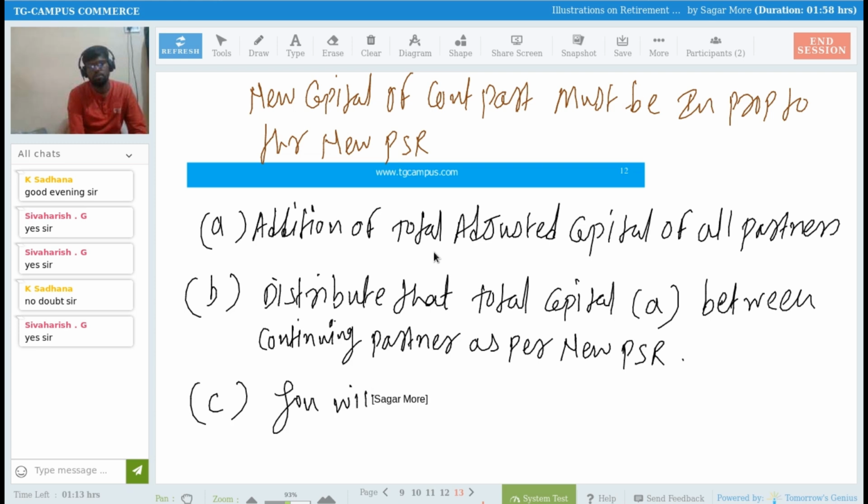So after distributing these, step number 3, you will find the balance, or you can say the difference.